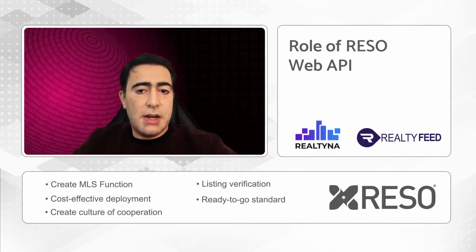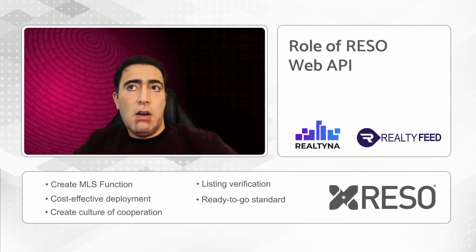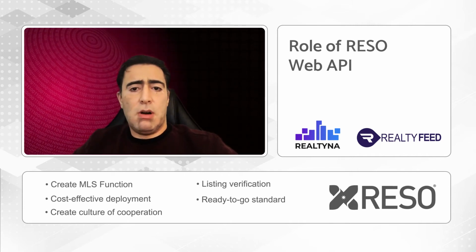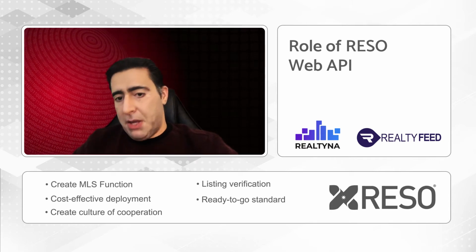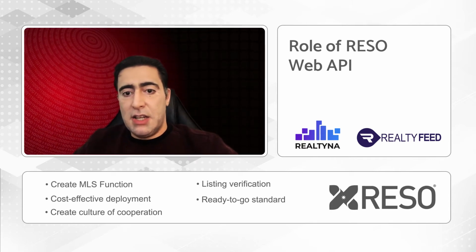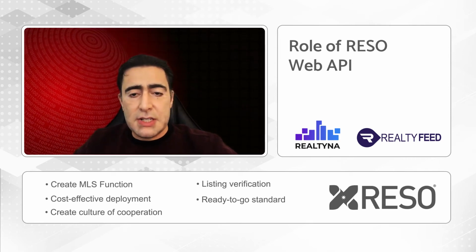What is the standard that all real estate professionals can agree on? That's a big question. And it hasn't been easy to answer in a country like France, for example.